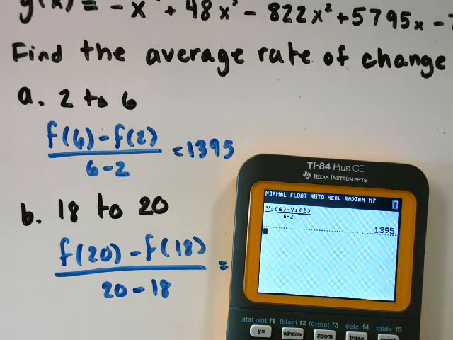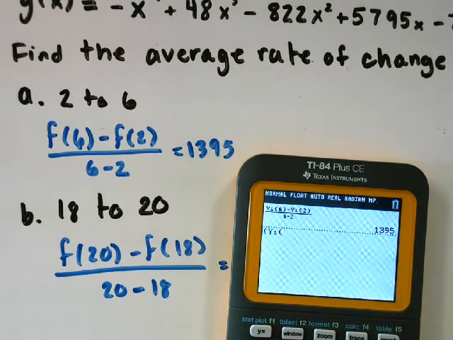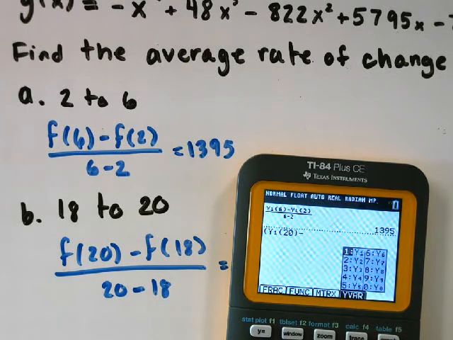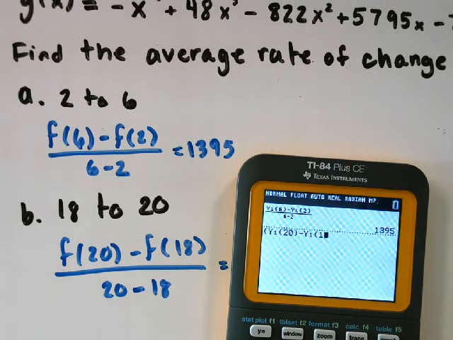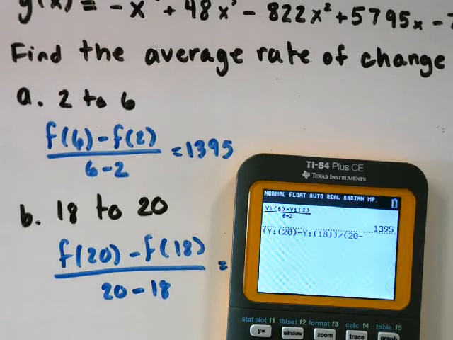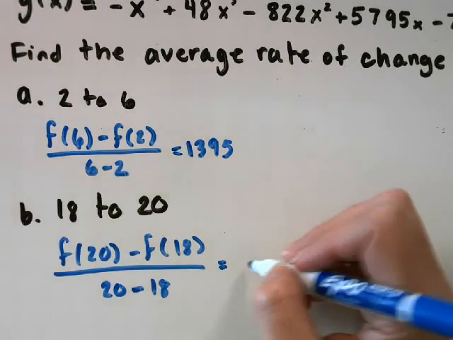I can simply do, I'll do it in parentheses this time. Y1, open parentheses, evaluated at 20, close parentheses, minus Y1 evaluated at 18, divided by 20 minus 18. So we get negative 921.